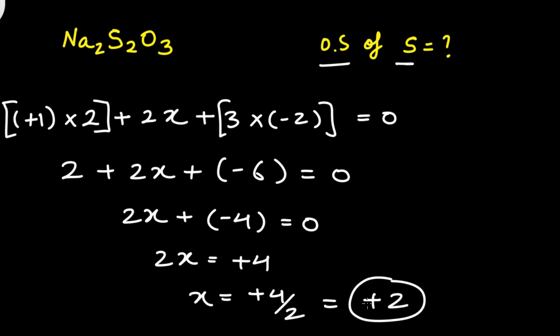I repeat, the oxidation state of sulfur is +2 in Na2S2O3. Why? Because the oxidation state varies from molecule to molecule for every element. Sulfur has an oxidation state of +2 in this case, but for example, if we take H2SO3 or H2SO4 and find out the oxidation state of sulfur, it will be different, right? So be careful about that.